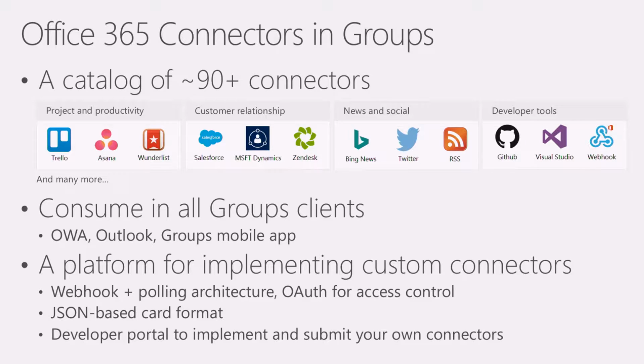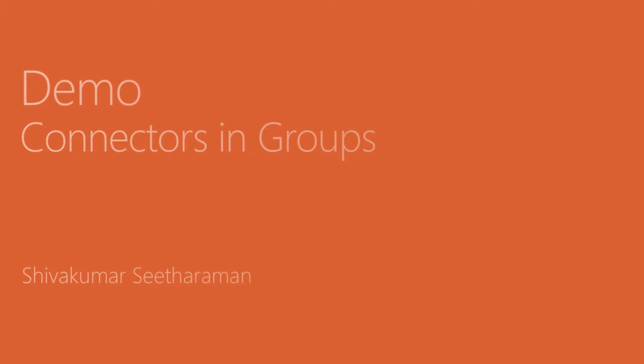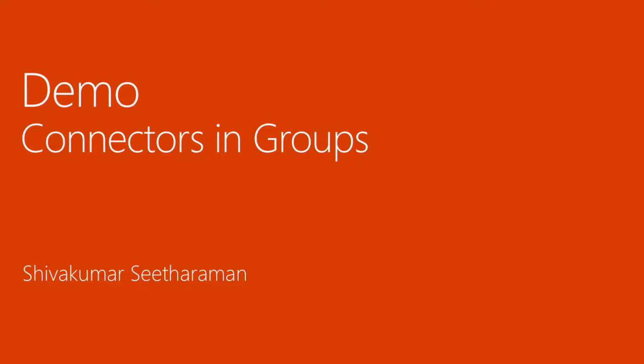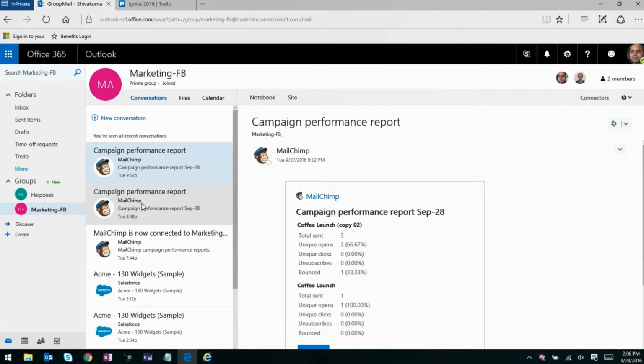So let's start with a quick demo for connectors with groups. So I'm going to switch here to my machine. Great. Thank you, David. What you see here is I'm logged on to my mailbox in Outlook web app. I have my inbox. I also have a couple of groups that I'm part of.